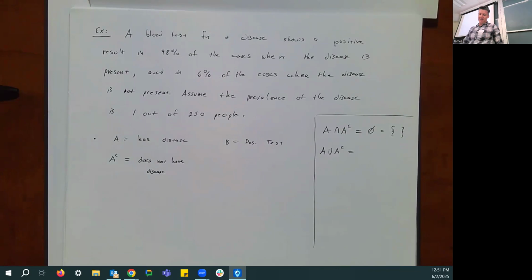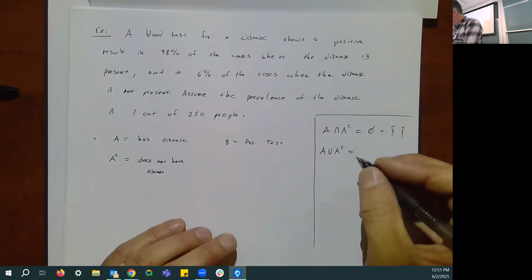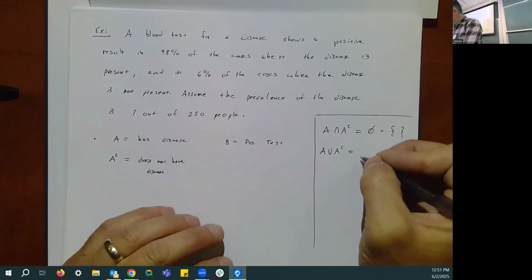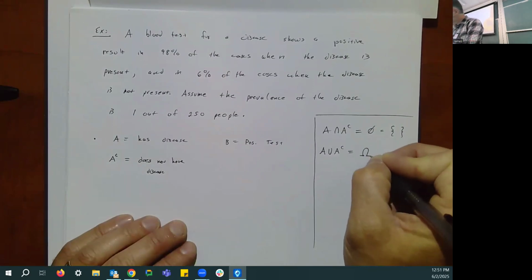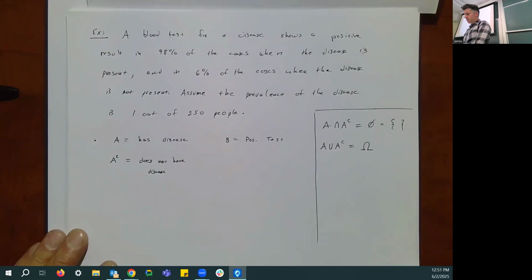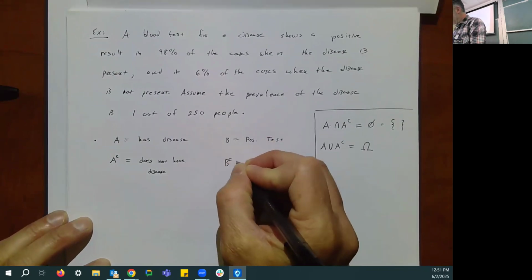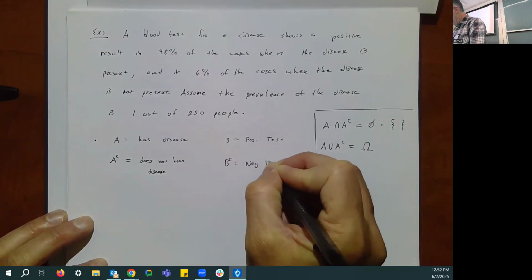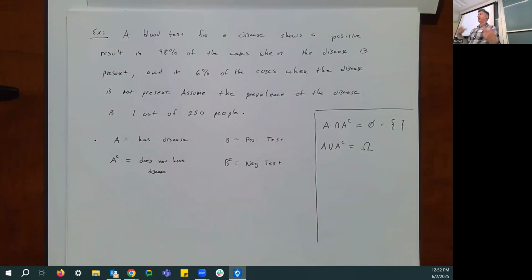It's your entire sample space, omega. So B complement is having a negative test. Right? If you take this test, you either test positive or test negative. We're assuming this test is always conclusive, it's not like, well, we're inconclusive, none of that stuff.